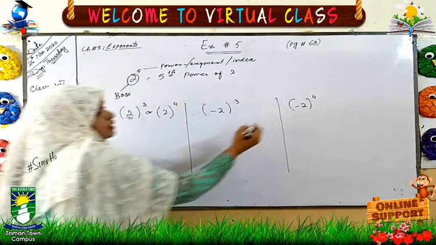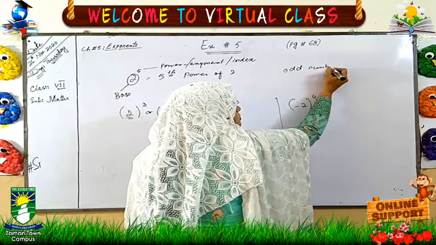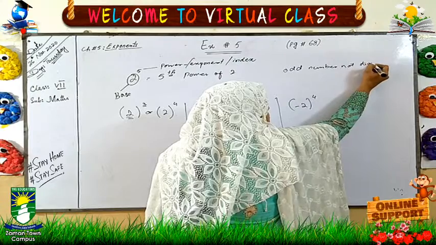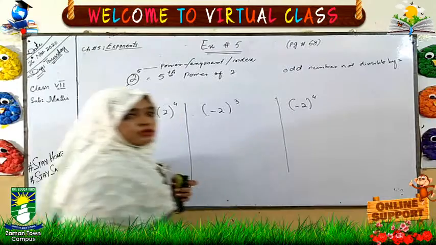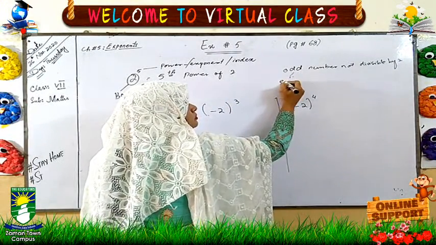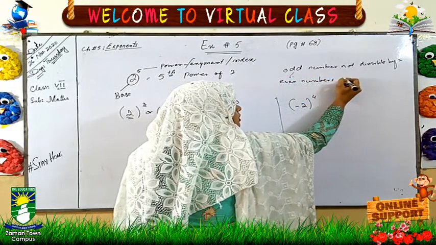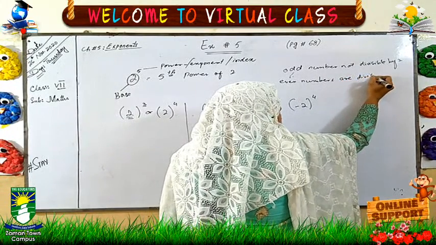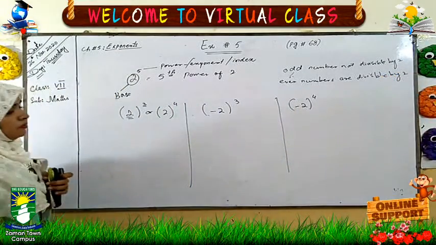What is an odd number? Odd numbers are those numbers which are not divisible by 2. And what are the even numbers? Even numbers are divisible by 2.